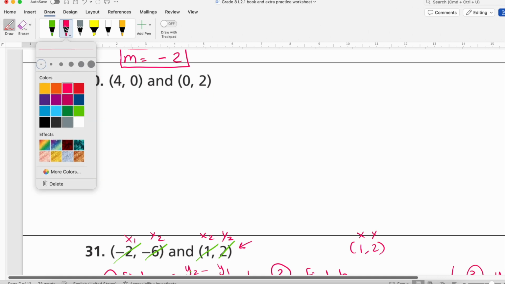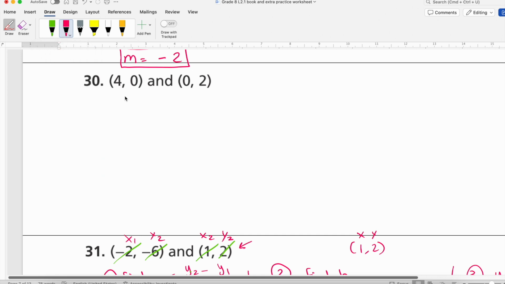Okay. So again, to find the equation of a line given 2 points, I'm going to first find m, second find b, third use the equation y equals mx plus b.